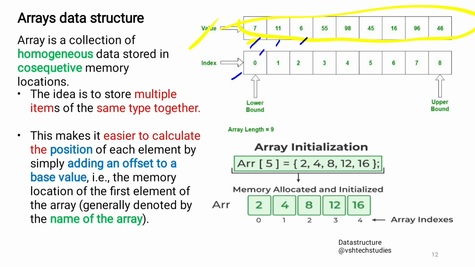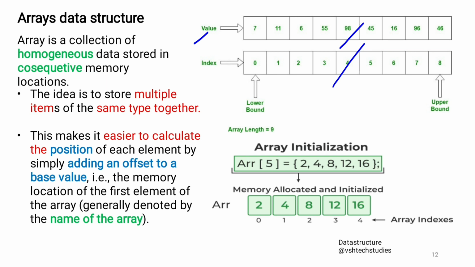Index 2 means in the value array, in the index 2 memory location, 6 is stored. Suppose you want to access a value, how is it referenced? Value of 4 means in index 4, that memory location, 98 is stored.